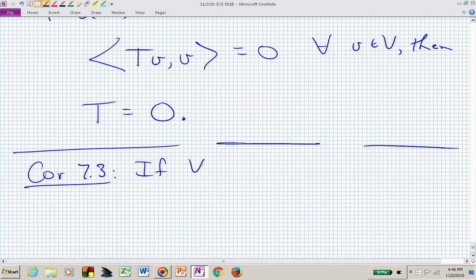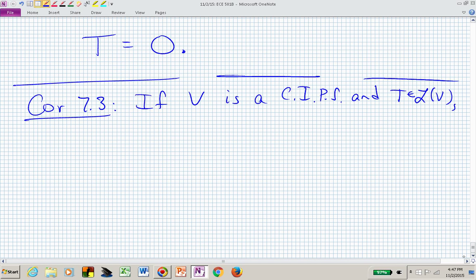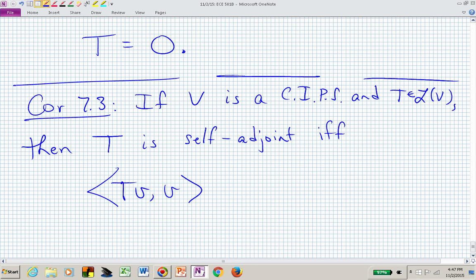Suppose that V is a complex inner product space and T is a linear operator on V. Then T is self-adjoint if and only if the inner product of TV with V produces a real number for all vectors V in our complex inner product space.